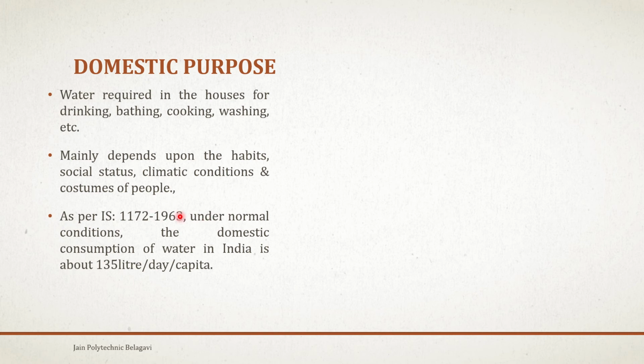This is the year where it was published, and this is the code in which the normal conditions of water, or the domestic consumption of water in India, are thoroughly explained. And in this code only they have mentioned about 135 liters per day per capita. Per capita, in the sense, a person is going to have 135 liters of water in a day.